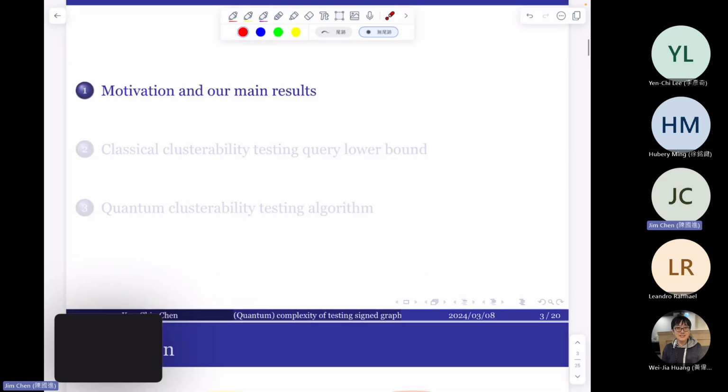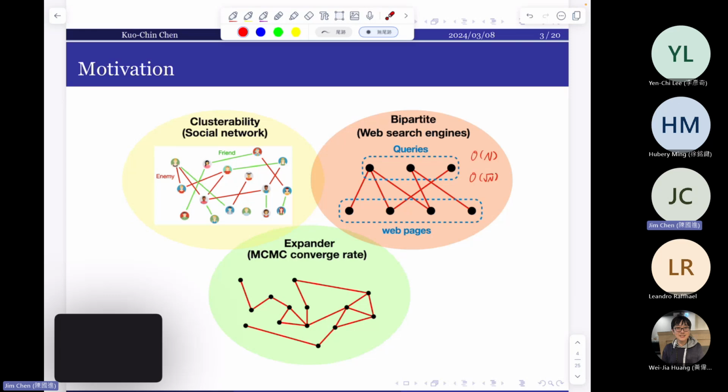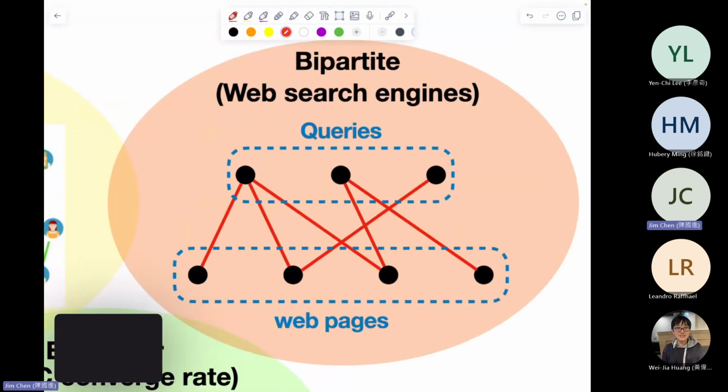So let's begin by introducing the problem. So what is the graph property? Graph property is something where we are given a graph and we would like to test whether the graph satisfies a certain property. We would like to use a simple example to demonstrate what is a graph property.